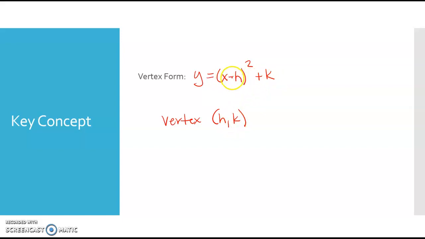The h, on the other hand, is opposite. If this is a positive, what I pull out is a negative. If this is the negative, like it shows here, then I'm pulling out a positive.